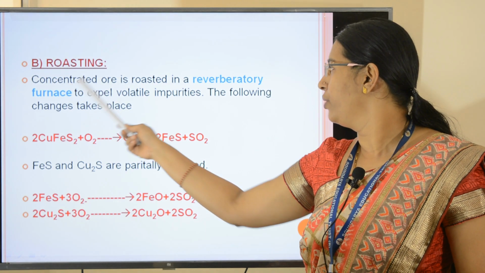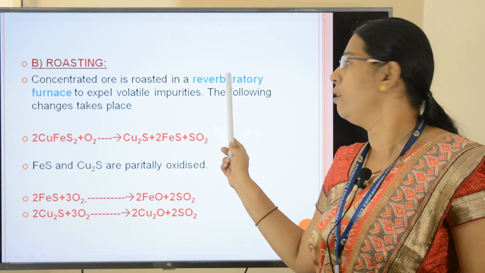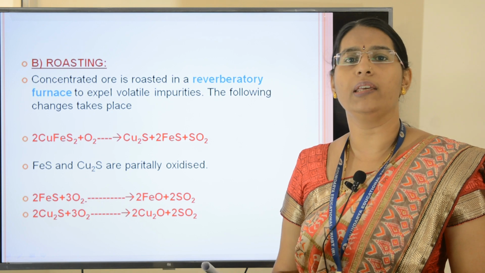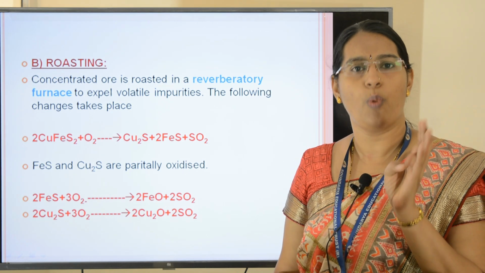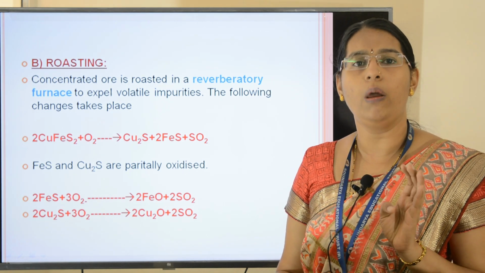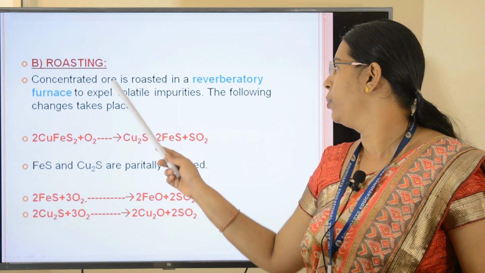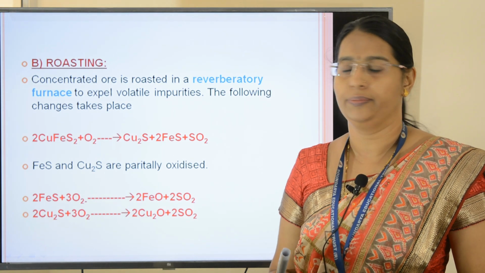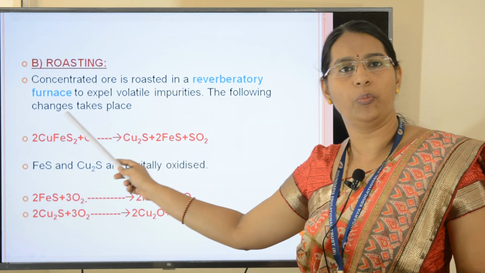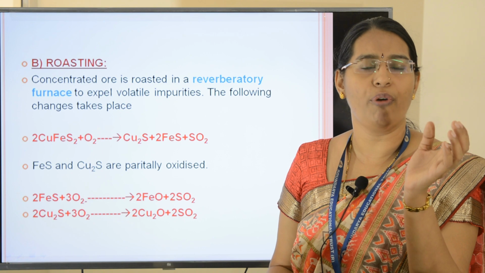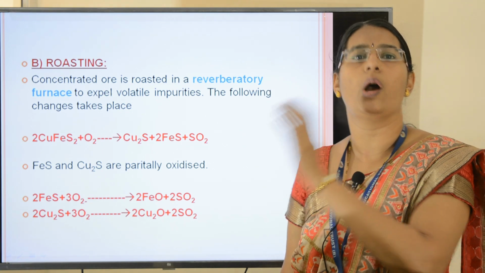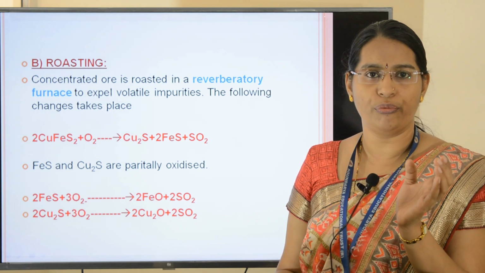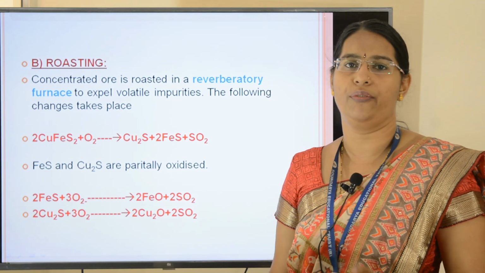So the concentrated ore is roasted in a furnace known as a reverberatory furnace, during which various changes take place, such as moisture being removed and all the volatile impurities escaping in the form of their oxides. The main change here is that the sulfide form of ore is converted into its oxide form.